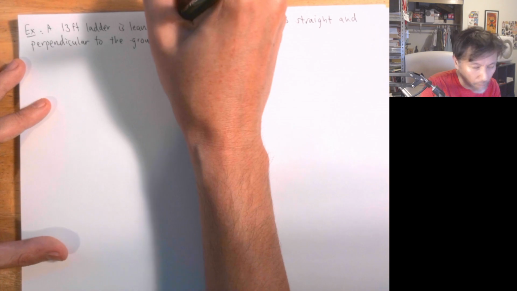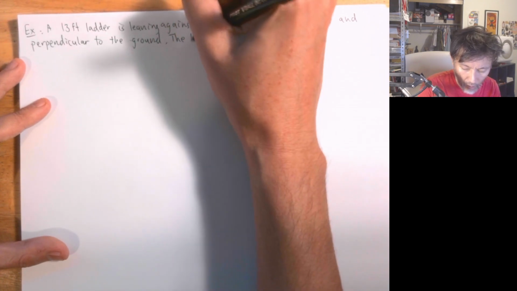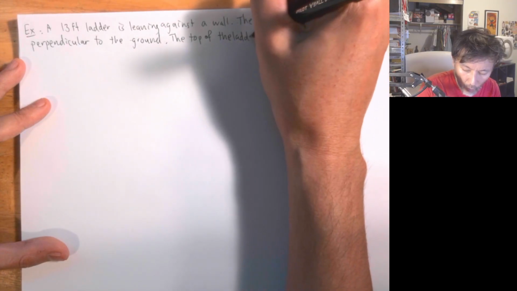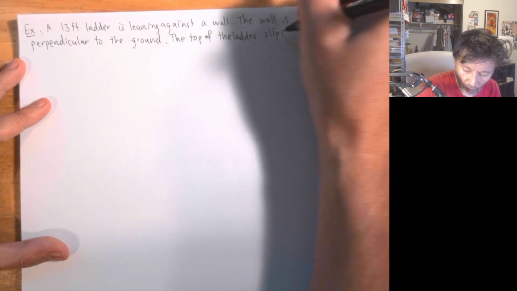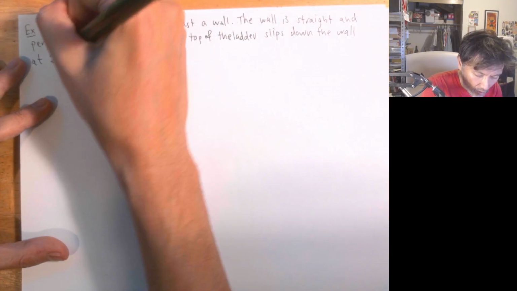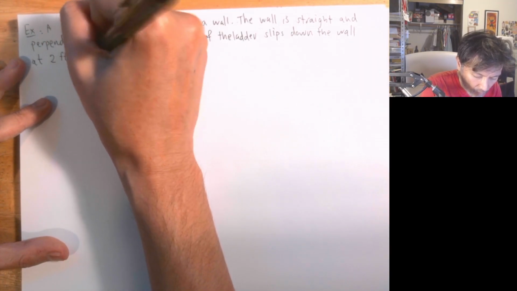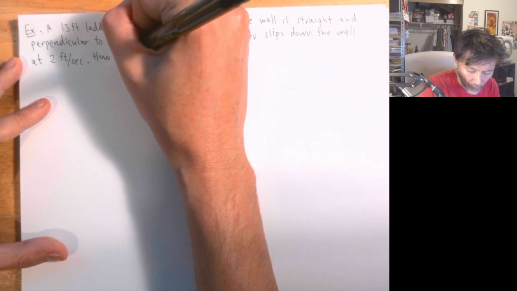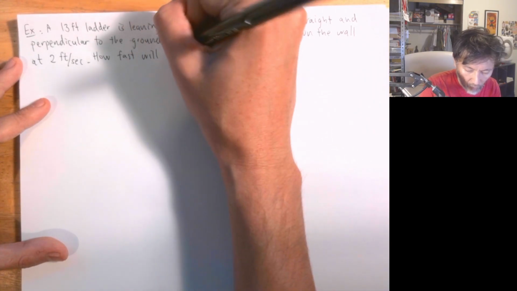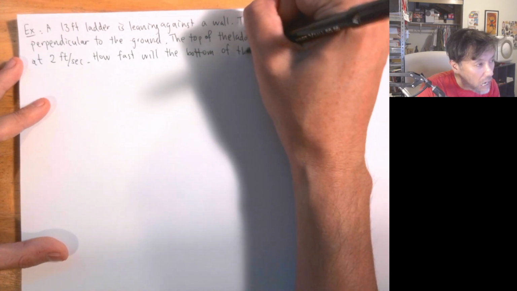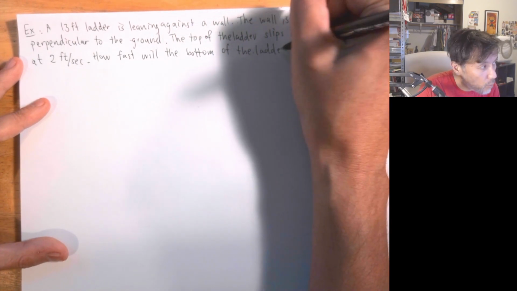The top of the ladder slips down the wall at 2 feet per second. How fast will the bottom of the ladder be moving away from the wall?